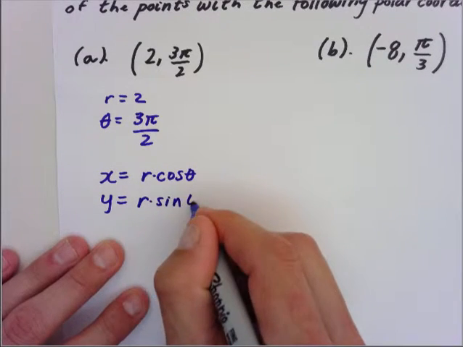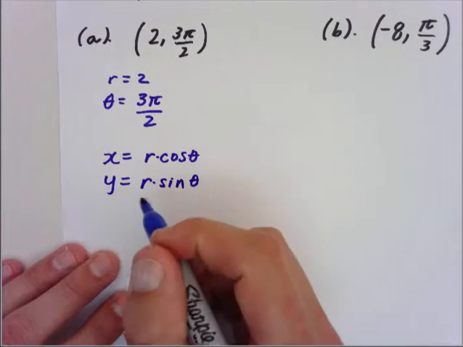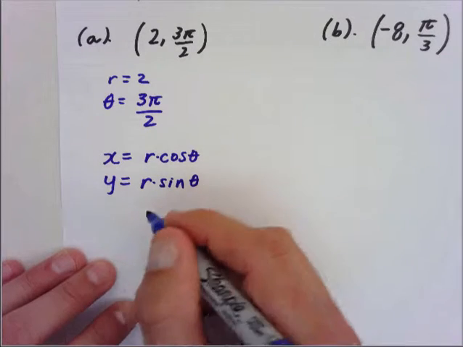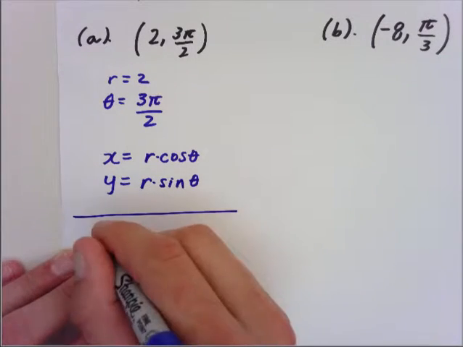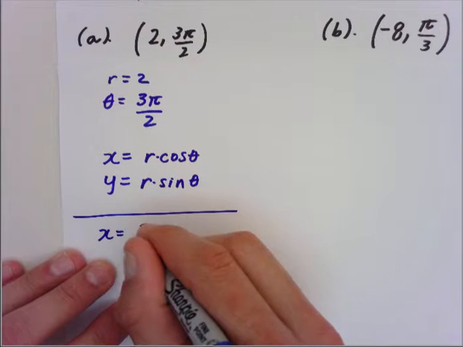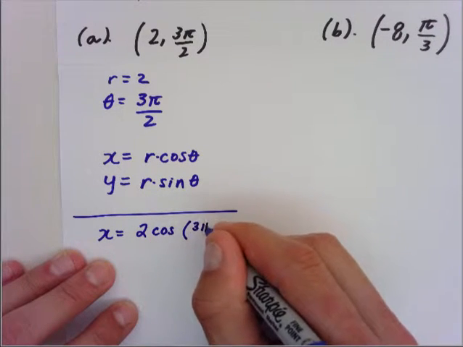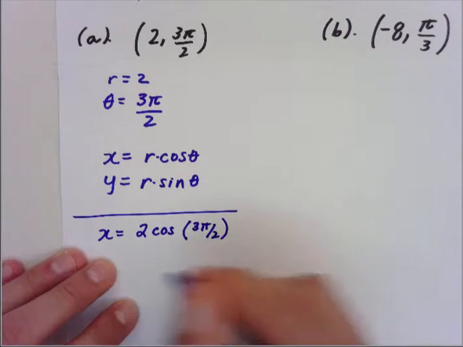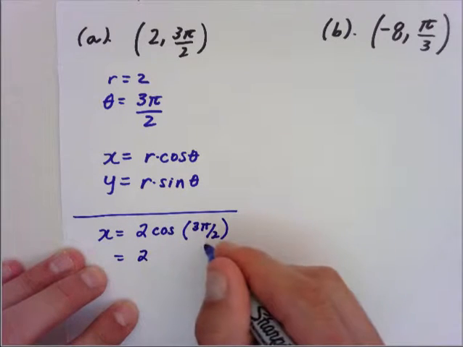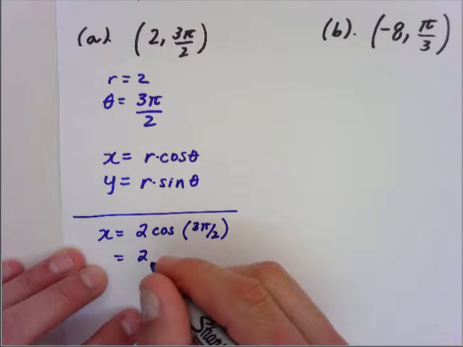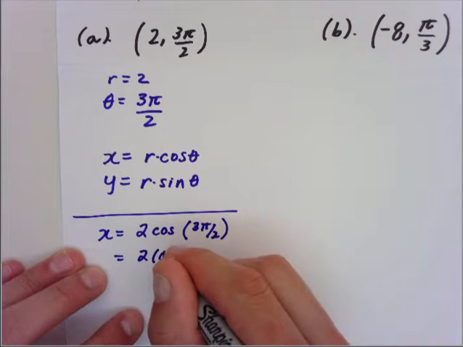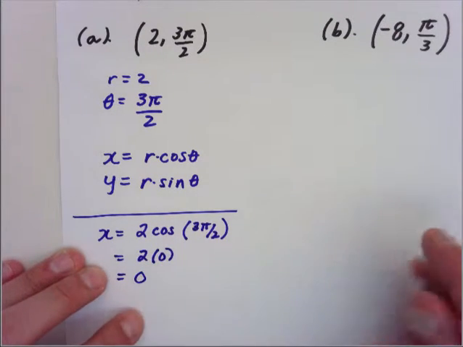So this is just a substitution. Let's go with x first. X is going to equal 2 times cosine of 3 pi over 2, and the cosine of 3 pi over 2 is 0, so x is going to equal 0.